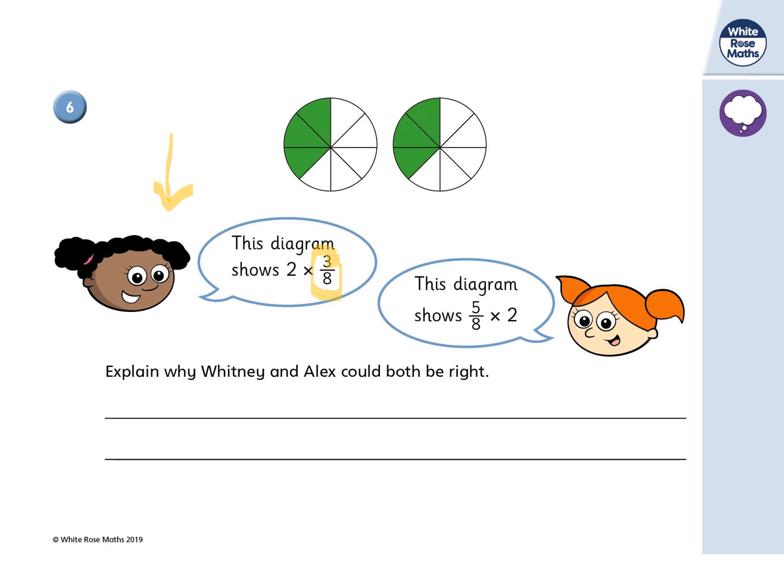However, Whitney thinks about this color, but Alex actually thinks about another color, that is the white one. 5 pieces of white, times 2. So when we think about the color that is shaded or not shaded, this one is not shaded and this one is shaded. That's why they both can be correct.